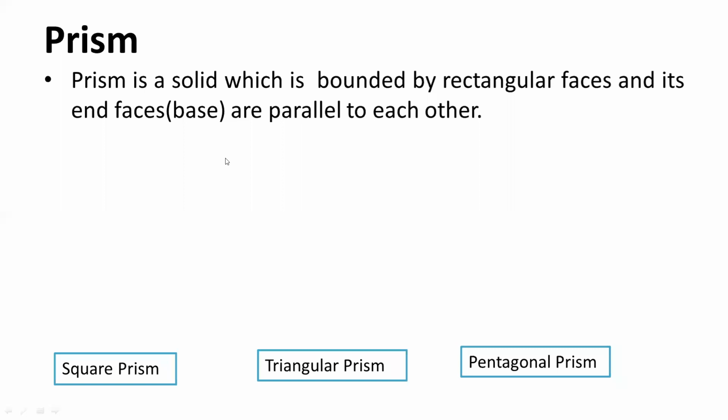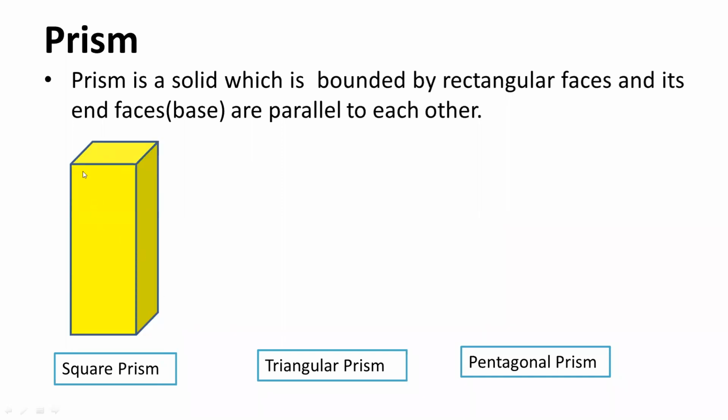So base can have any shape, that is square, rectangle, triangular, pentagonal, hexagonal. Okay. So depending on the base, we will name that prism, whether it is a rectangular prism, pentagonal prism, square prism, triangular prism. Okay. So here you can see the examples. The first is the square prism.